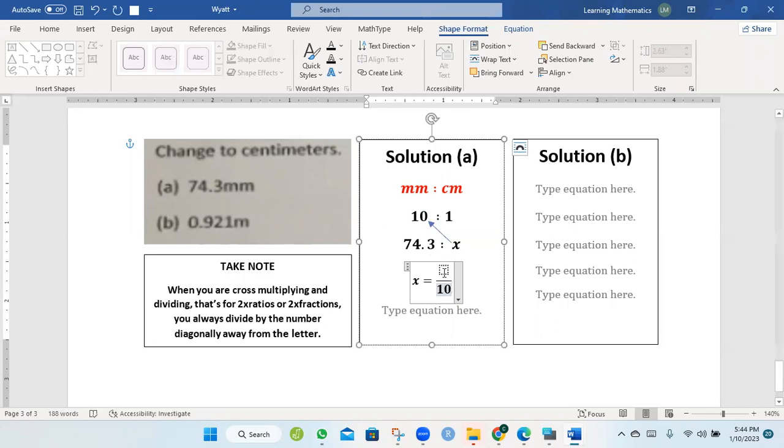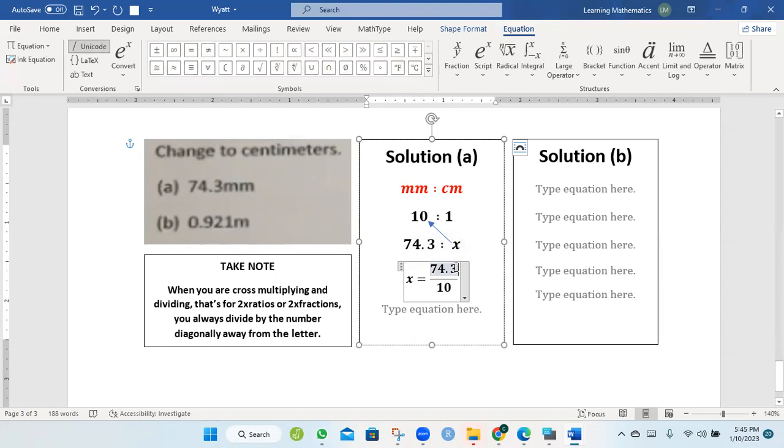And then up there now, we are going to multiply 74.3 times 1, or 1 times 74.3, doesn't matter. Divided by 10. When you are dividing by multiples of 10, it is a very simple process.